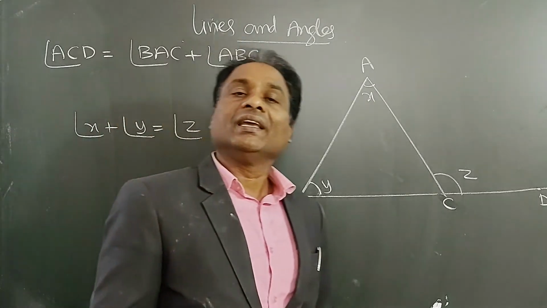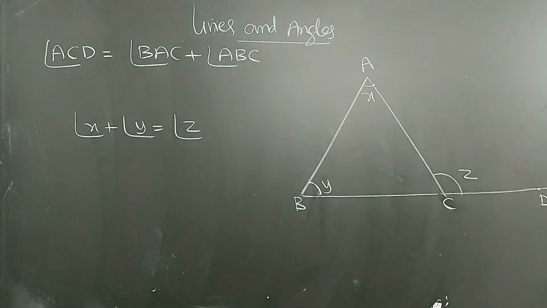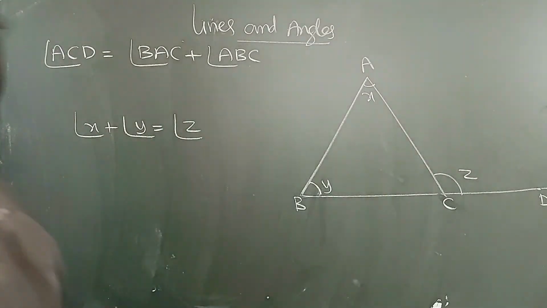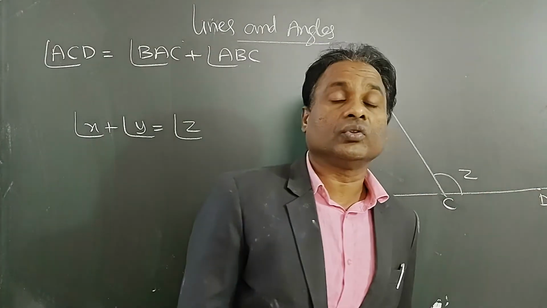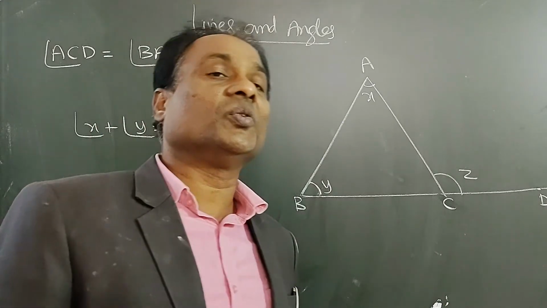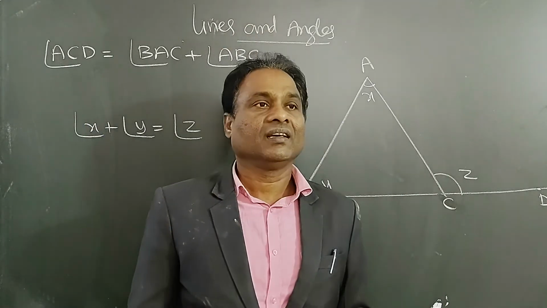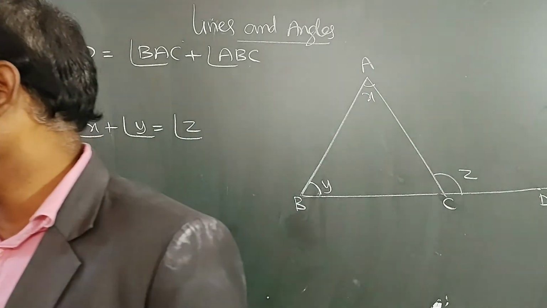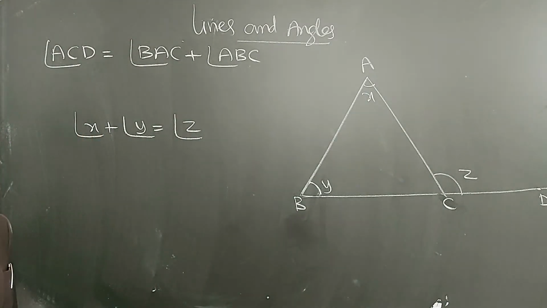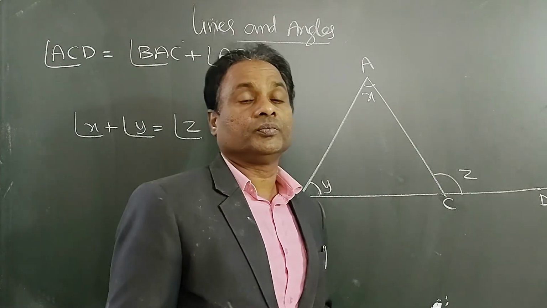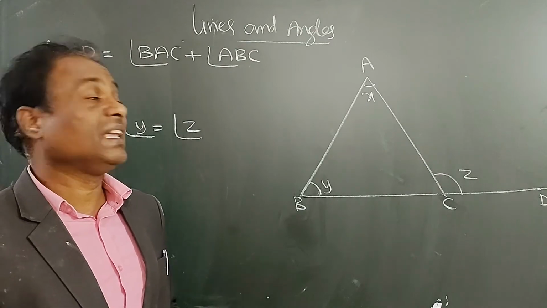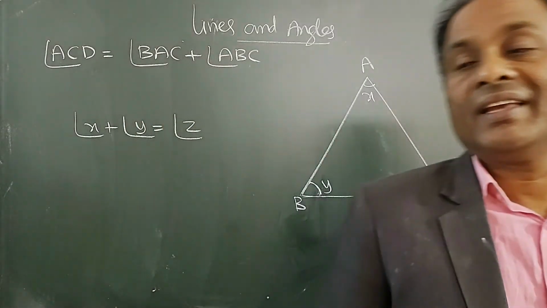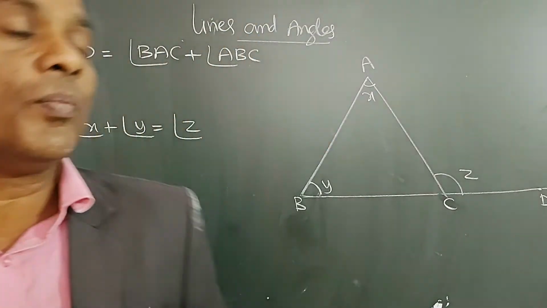Write down the statement, students. In a triangle, if one side is produced, the exterior angle so formed is equal to the sum of the interior opposite angles.